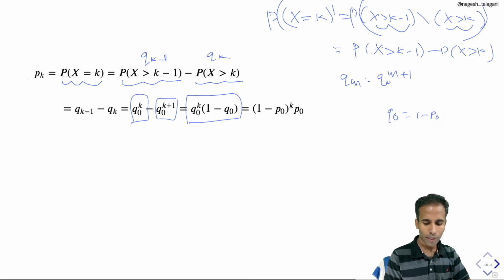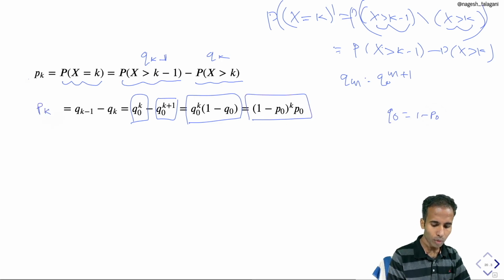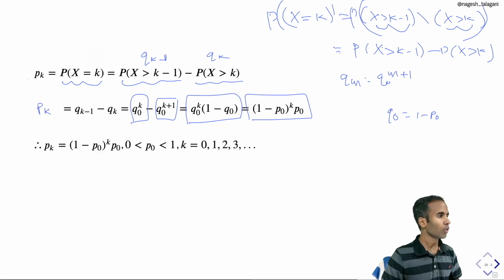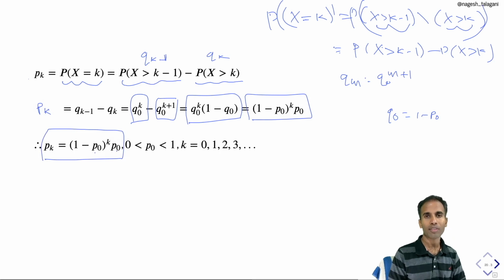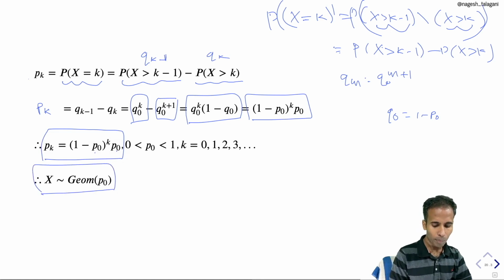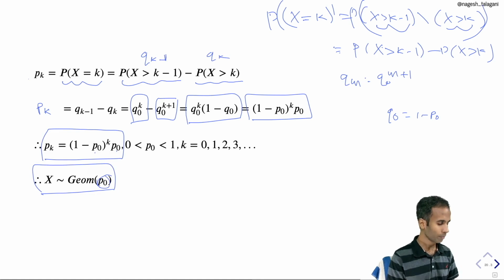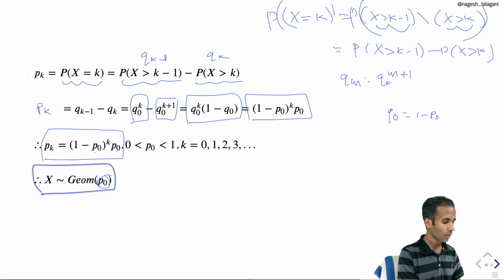So if you replace Q naught with 1 minus P naught, we got P(k) equal to (1 minus P naught) to the power of k times P naught. So we got the PMF, which is exactly the PMF of the geometric distribution. So x must follow a geometric distribution with parameter P naught. Okay, P naught will be the probability of success.